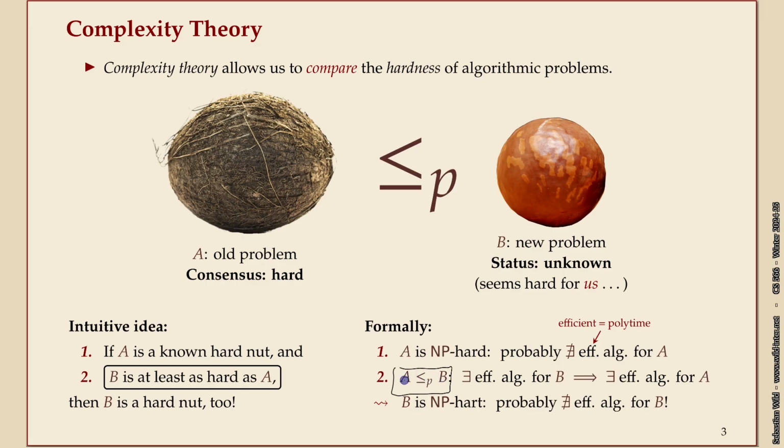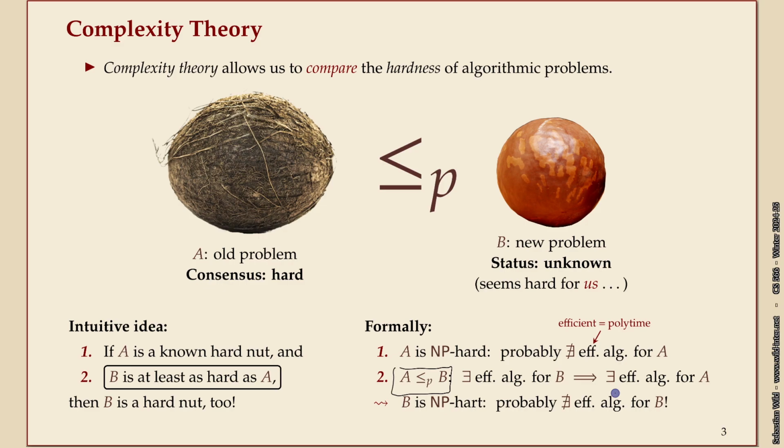So B is harder than A in this specific sense, which means that's basically the definition of this less or equal. If there's an efficient algorithm for B, then there is an efficient algorithm for A. It's this implication.